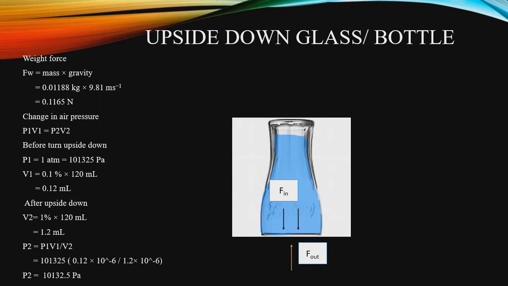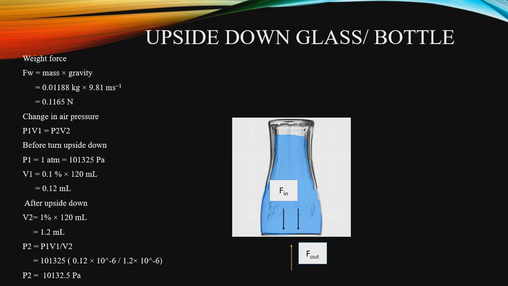P1 is equal to 1 atm, which is 101,325 Pascal, and V1 is 0.1% air gap on top of the glass times the 120 milliliter, which is equal to 0.12 milliliter.